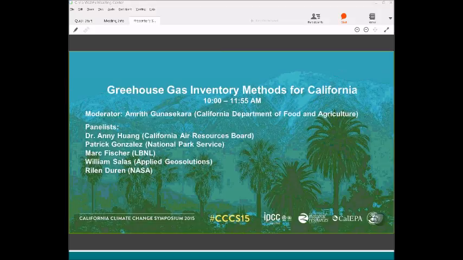I was just going to add that it's one thing to be clear on when we talk about these top-down methods, using atmospheric measurements and comparing them with inventory-derived estimates, is you have to be careful of what I call the apples and oranges effect. Inventories don't include all sources and sinks. They include the ones that are defined in guidelines, IPCC guidelines.